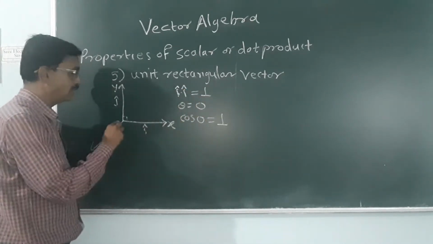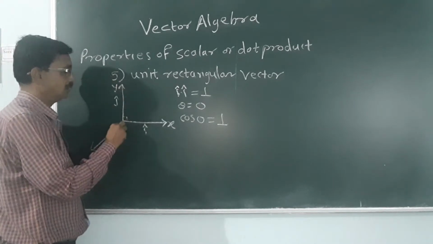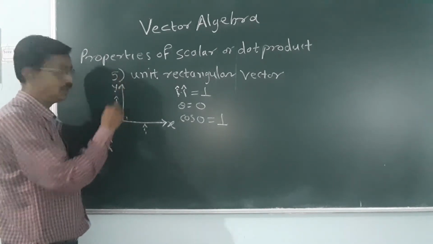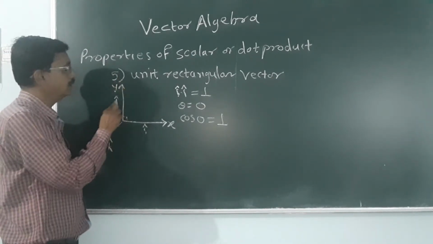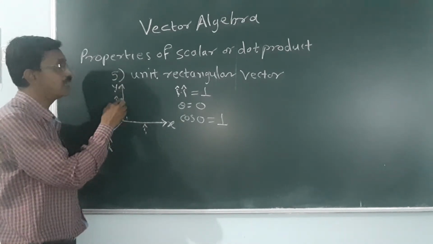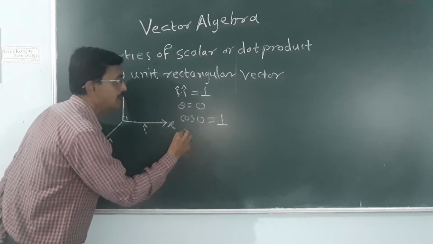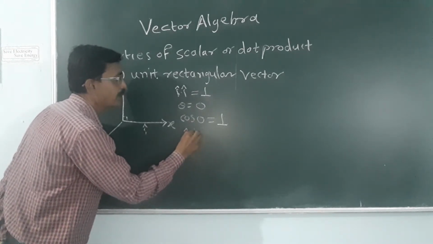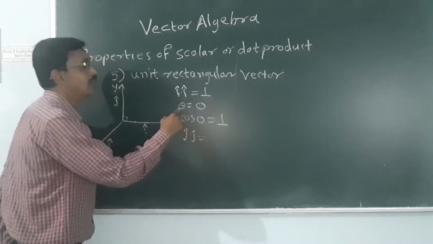In the same manner, if we consider the unit vector along y, that is j cap, and another parallel vector j cap, then j dot j is also parallel to each other.